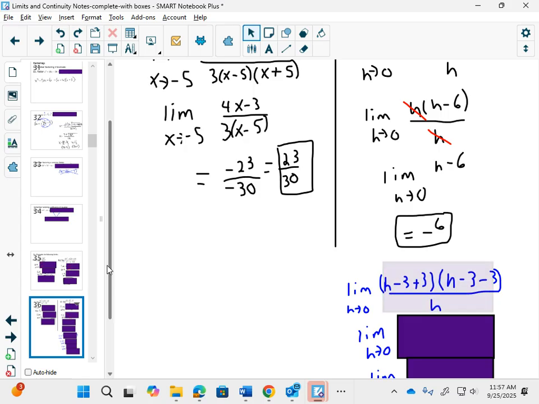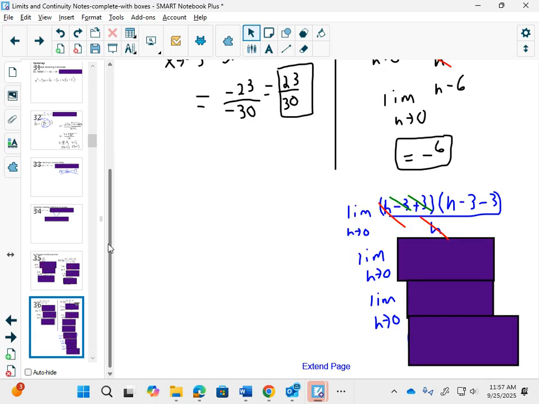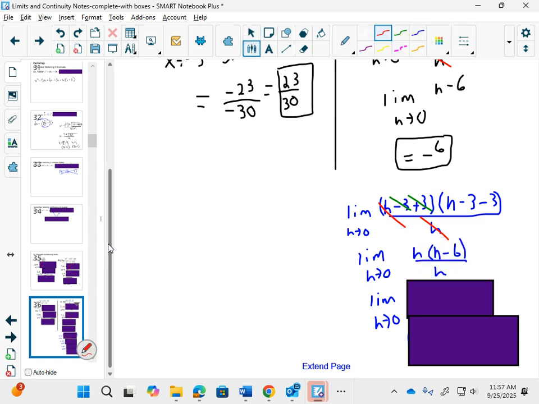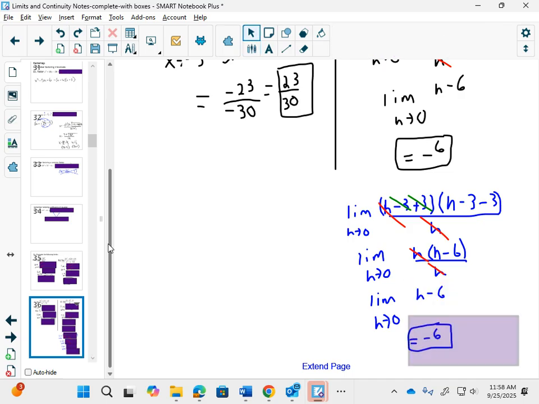Look, if I factor the difference of squares, I would have h minus 3 plus 3 and h minus 3 minus 3. And in this one, the minus 3 and the plus 3 would just go away, and then my h's would go away, and I get h minus 6. I'll show a little bit more work than that, right? I get h minus 6 that way as well. That's kind of cool.